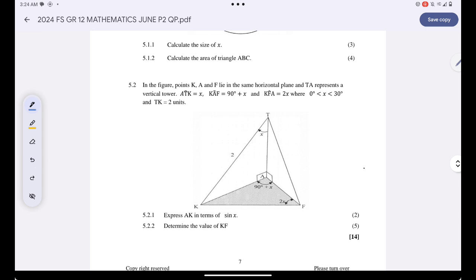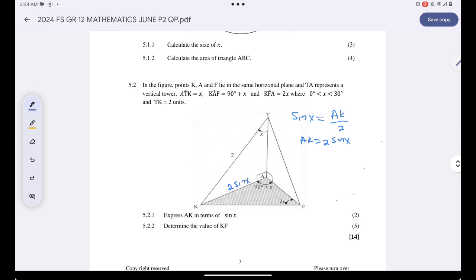Since I have a right angle triangle, I can use my trig ratios. So sine X is equal to AK over 2. Simply means AK is 2 sine X. Are you together? This length is 2 sine X.